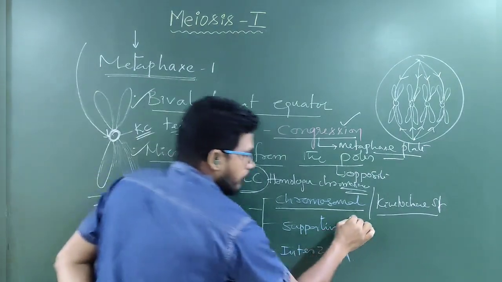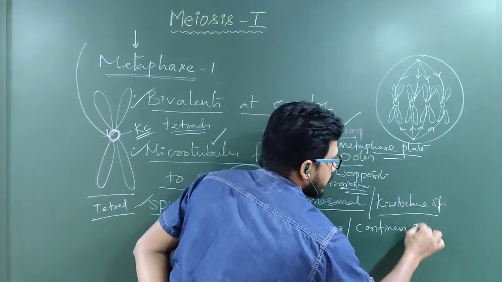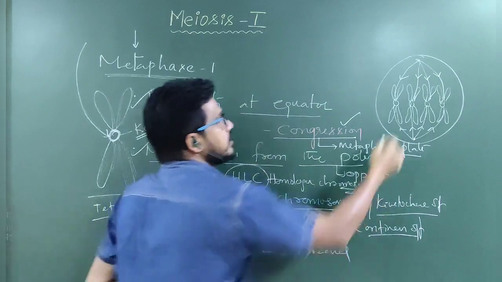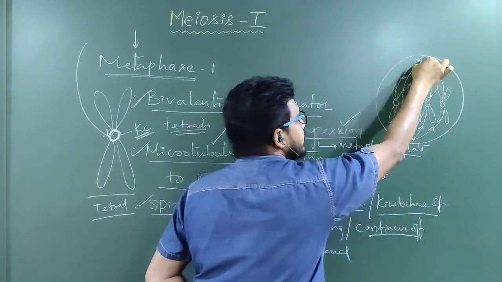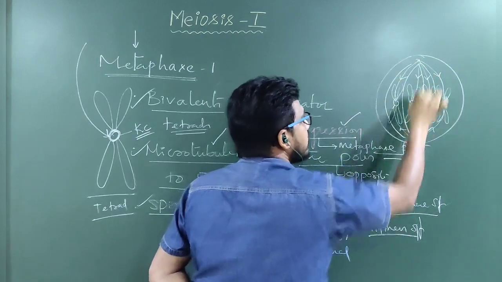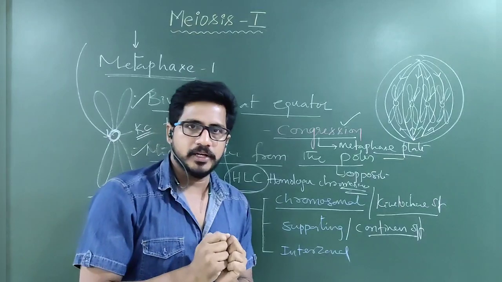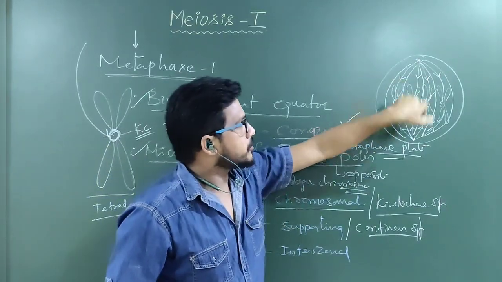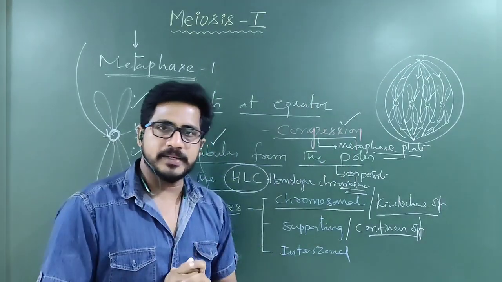Otherwise, there are supporting spindle fibers, which are also called continuous spindle fibers. So they are coming like this because they are giving some rigidity, mechanical strength. Clear? Suppose from the opposite poles, or from one side, 10 spindle fibers have come.